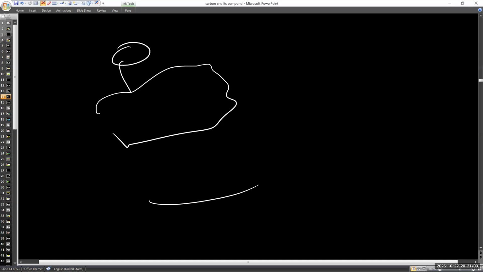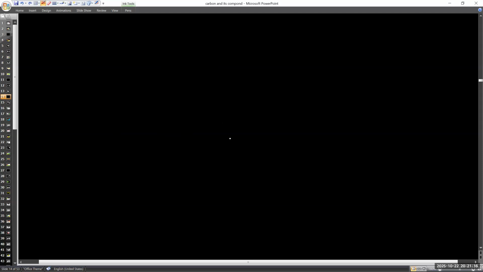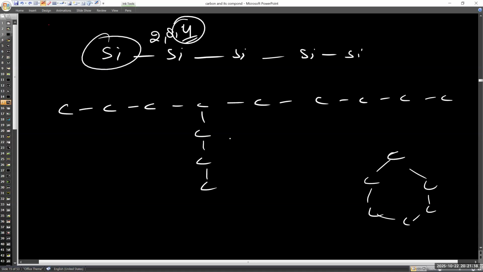Same way, when electrons revolve in the orbit, they form electron clouds. Because of that, the nucleus is not visible to the outermost shell electrons, and that is called shielding.